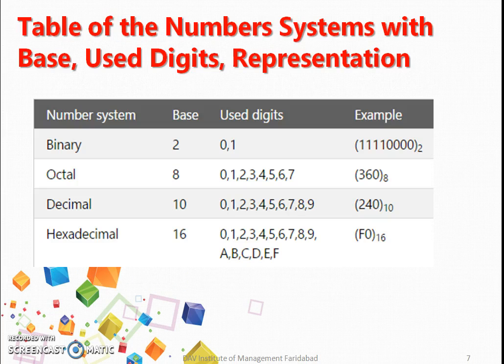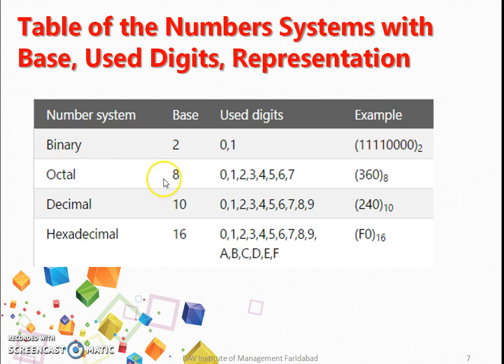Next we have the summary table where all the four types of number system are given: binary, octal, decimal, hexadecimal, and their corresponding base is given. For binary it is 2, the digits used 0 and 1, and the example is also given. This is how we write, with the brackets, and we write a subscript here, the base.